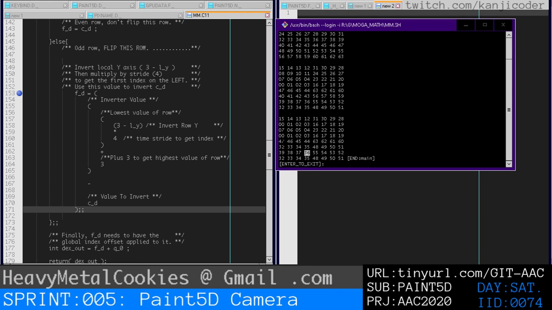That's correct. 47, 46, 44, that looks correct. But then over in this quadrant, we're not quite correct, are we? Like, this quadrant looks correct. That's correct.